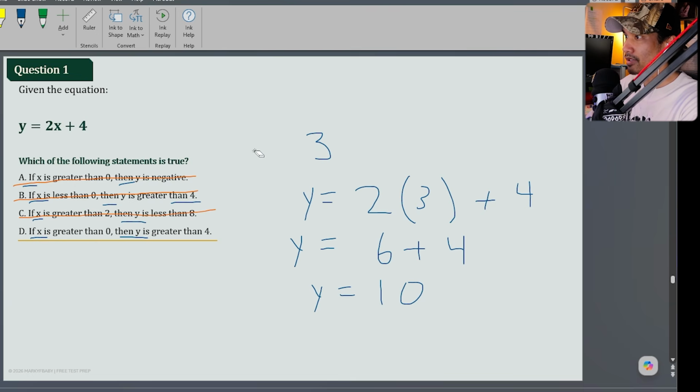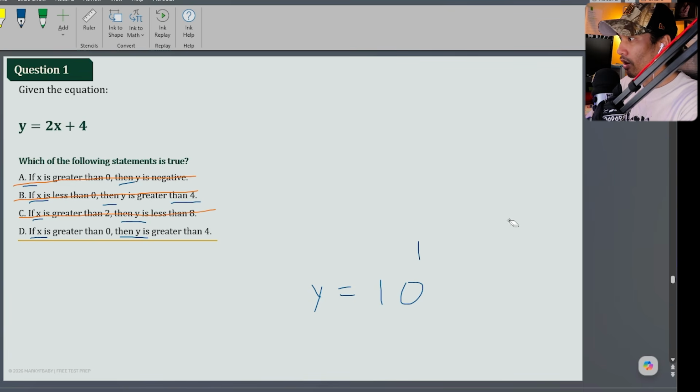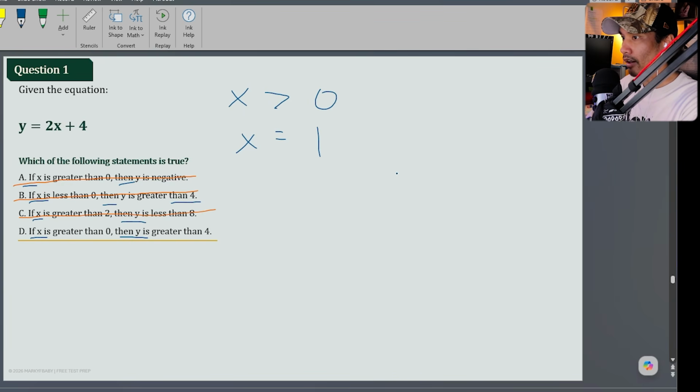And I made it D by design because I wanted to work out all of the answer choices for you. So I have if x is greater than 0, y is greater than 4. X greater than 0, x equaling 1. And then let's plug that back in.